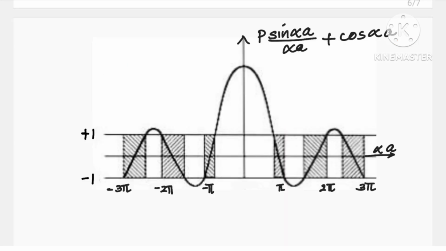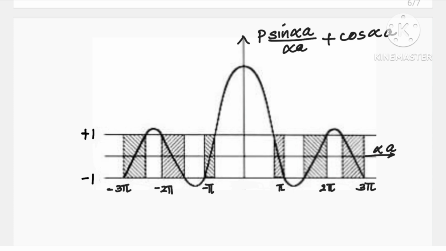Here is the graph representing P sin αa by αa plus cos αa versus αa, where alpha indicates energy. We know that alpha square is equal to 2mE by h cut square. Hence alpha is also talking about energy. The y-axis here is P sin αa by αa plus cos αa, which is actually equal to cos ka.